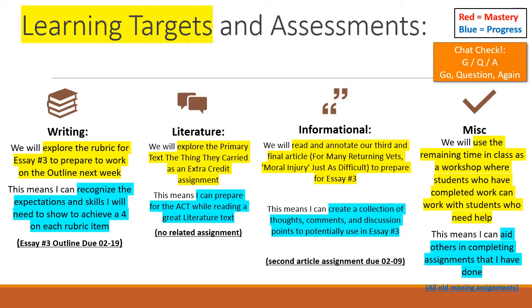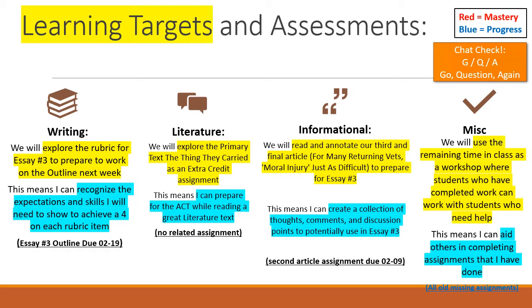We'll pause for a second and check in chat to see if anyone has a G, a Q, or an A. They'll just type G's for go on, Q's if they have a question, and A if they need to hear something again, and they'll just tell me what they need to hear again or to hear explained in more depth. So we'll do quick GQA checks as we go through these in class to get more activity in the chat and a little bit more engagement in the class.